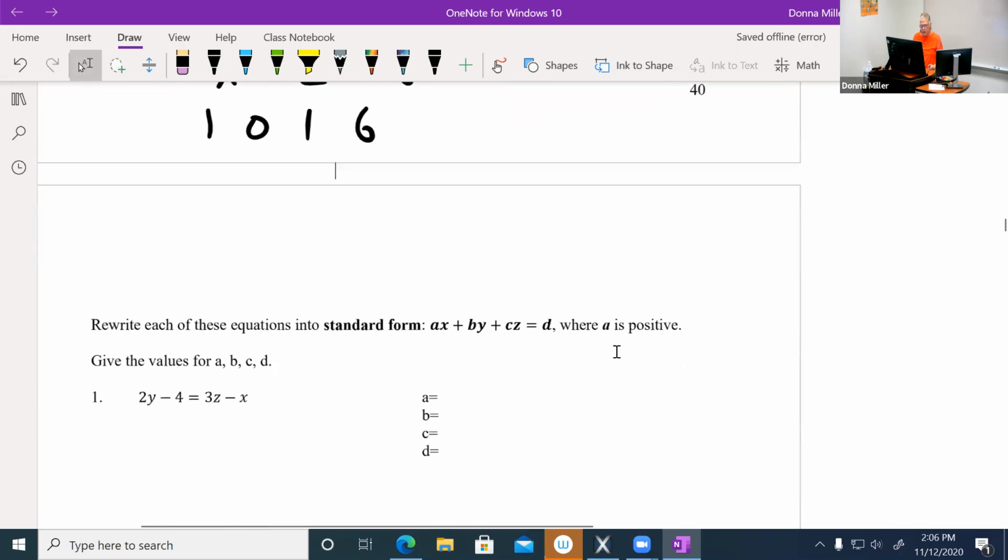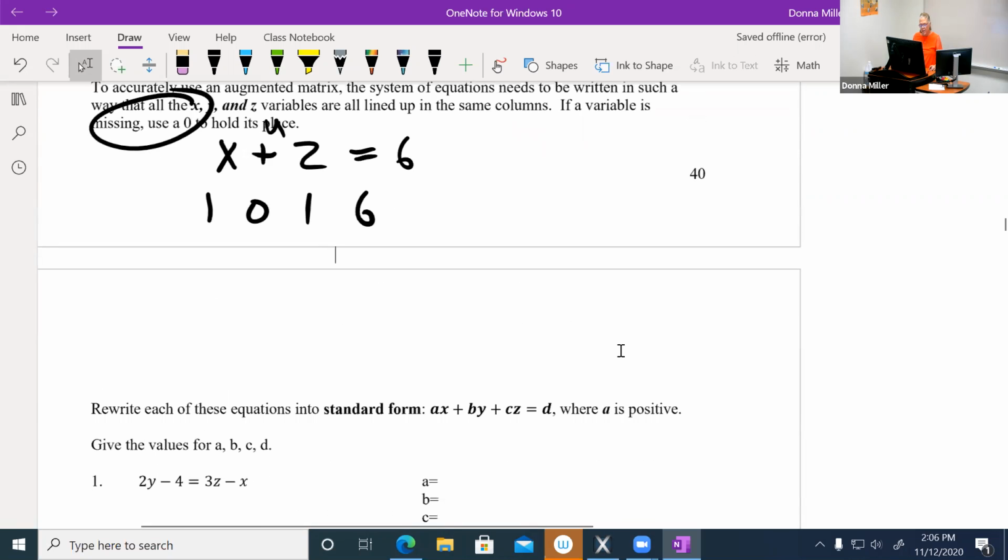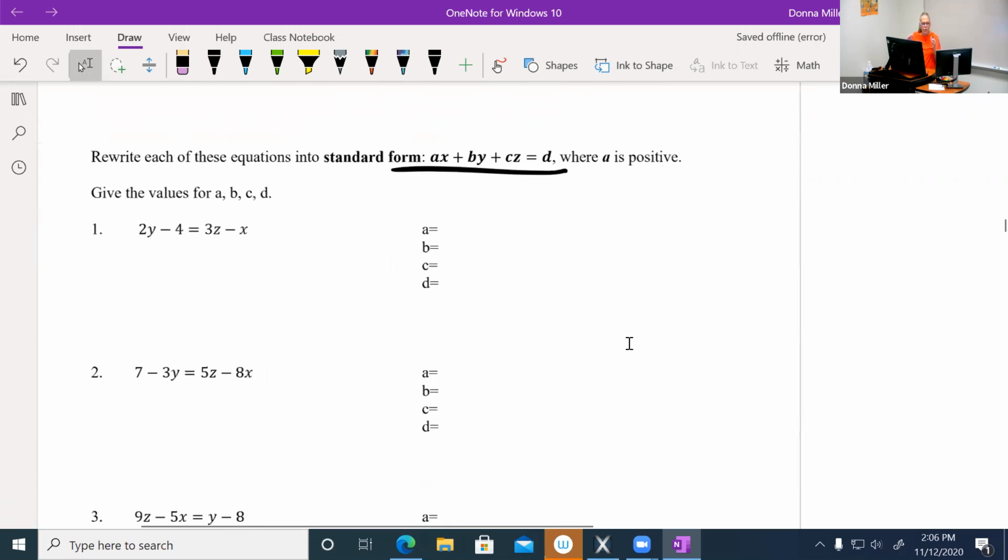All right, so we're going to practice rewriting them in standard form. This is how you want to write things: you need X, Y, and Z on one side and the number on the other. Whenever you move something over to the other side of an equation, you change its sign. That's, I think, the easiest way to do this. I can move them to the left or to the right, it doesn't matter.